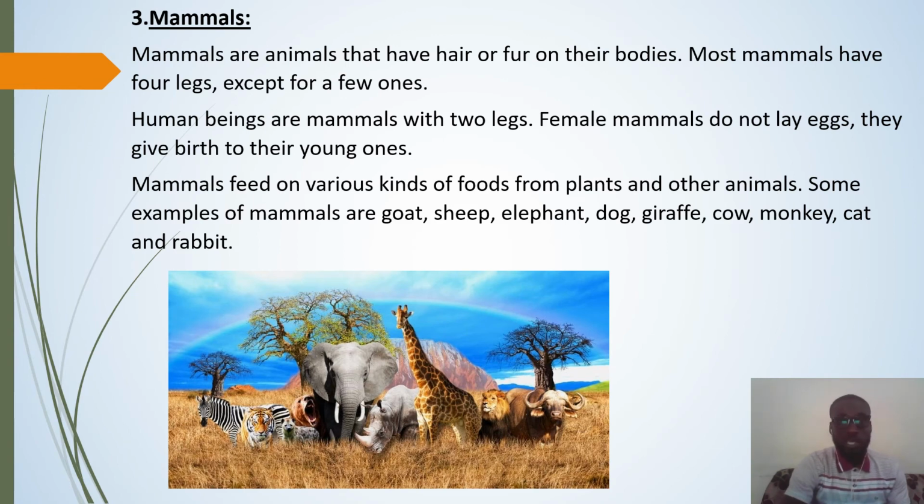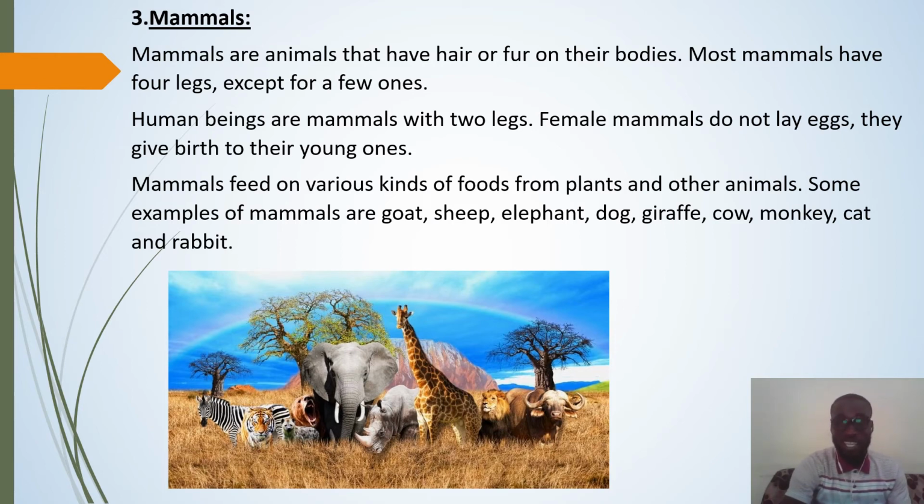Let's take a look at another category of animals. We have mammals. Mammals are animals that have hair or fur on their bodies. Most mammals have 4 legs, except for a few. Human beings are mammals with 2 legs. Female mammals do not lay eggs.